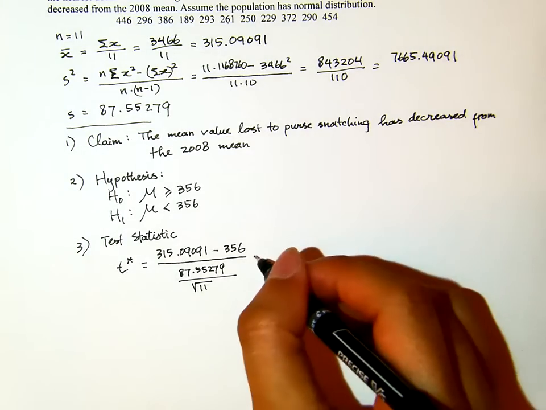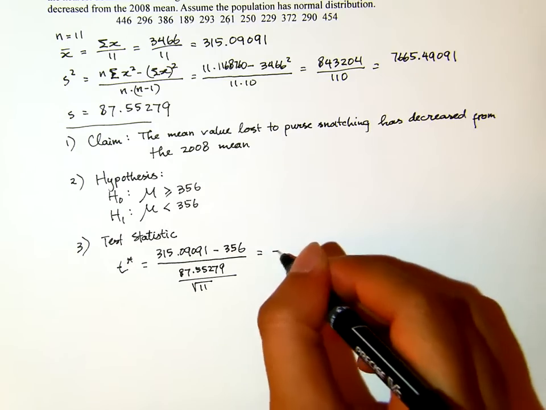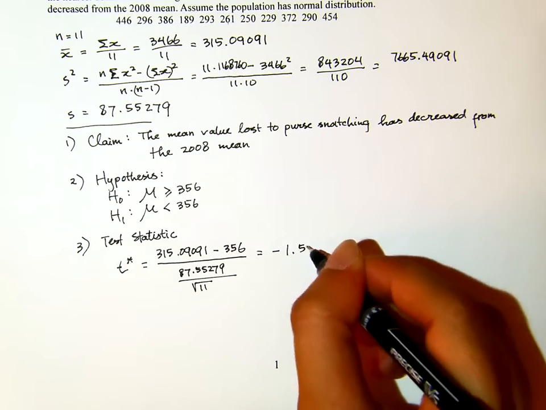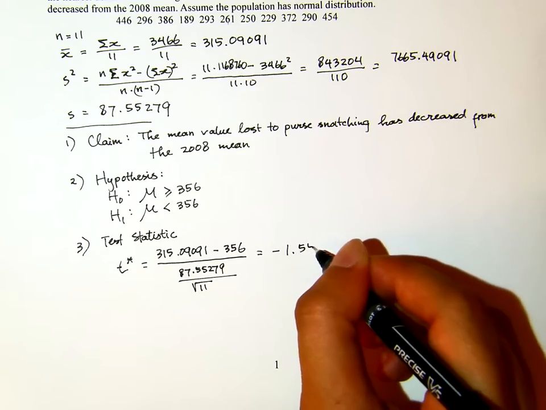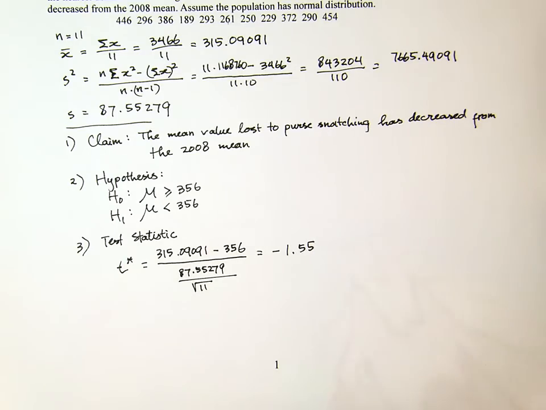This is what I get. The t star equals negative 1.55. That's the t star.